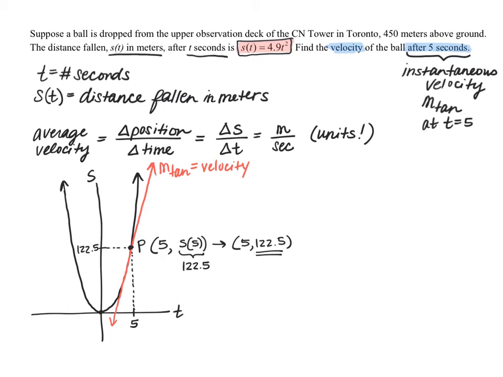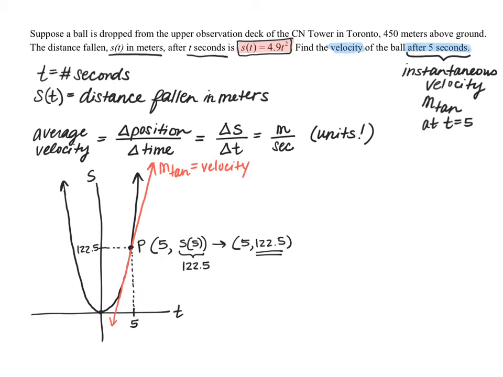This is not rounded. If you ever have a problem where the y value, the output, ends up being a decimal that you'd have to round, then I encourage you not to round it and to leave it written as s of 5. We only want to round one time at the very end of our computation, if at all possible. All right, so there's our point of tangency.